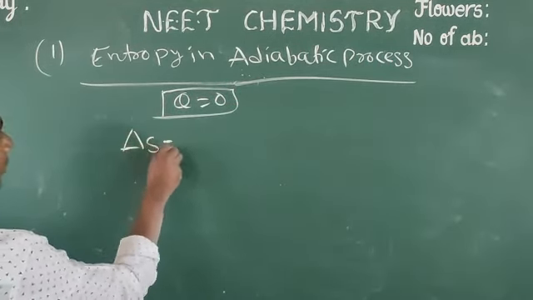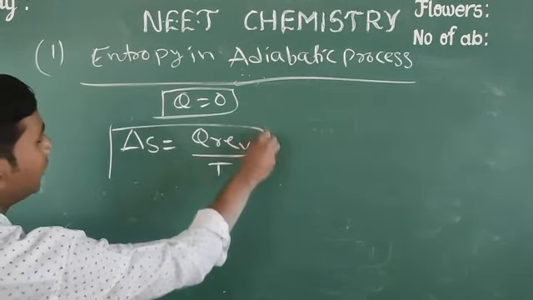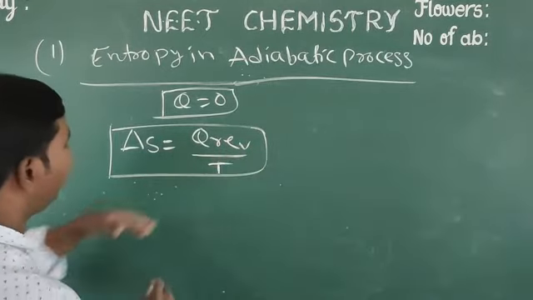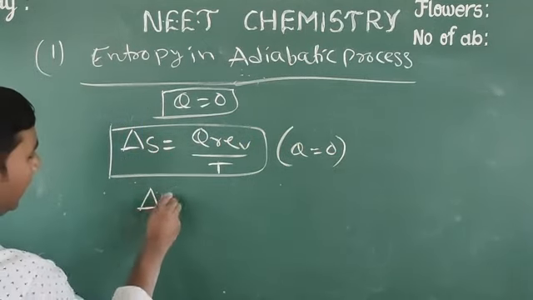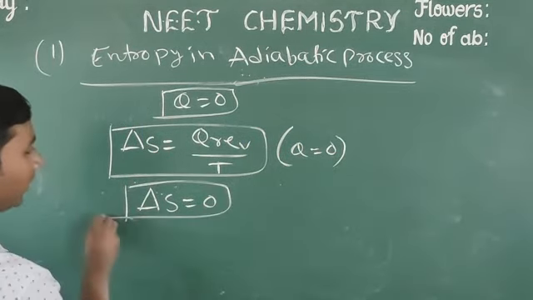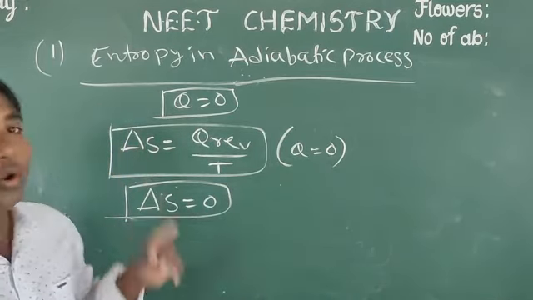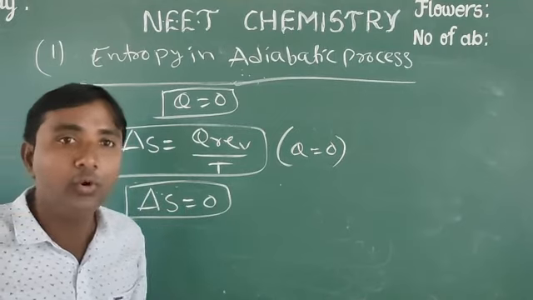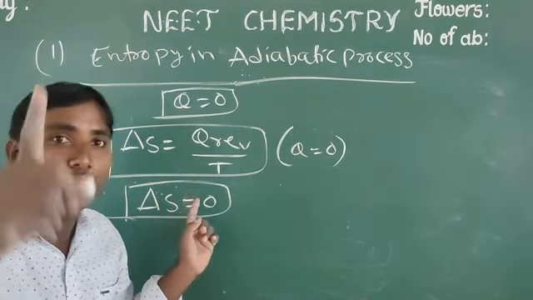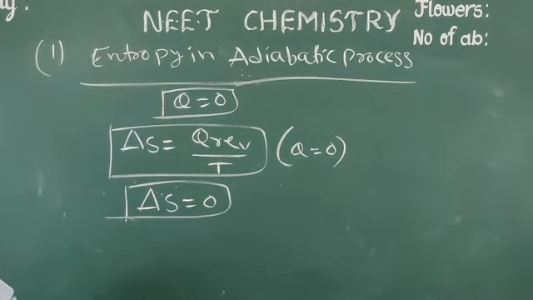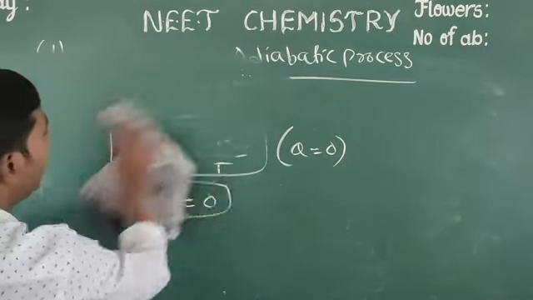Del S equal to Q by T. Here Q equal to 0 for adiabatic, that's why del S equal to 0. That means in an adiabatic process the entropy change equals 0. You should remember this: entropy change is 0 in an adiabatic process.